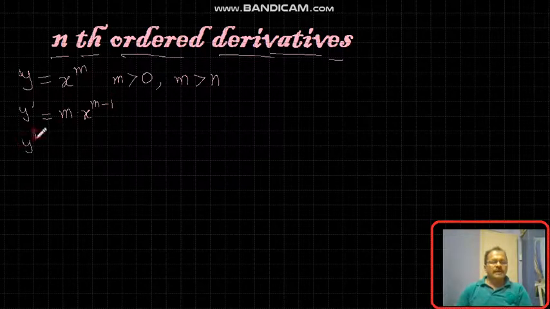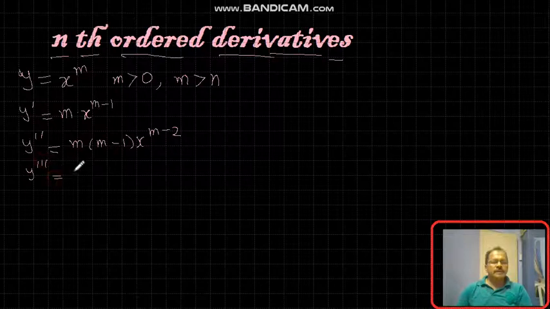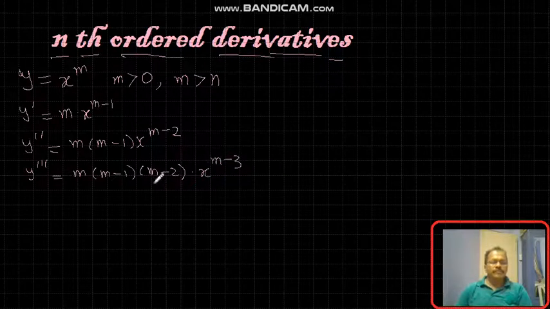The second derivative, y double dash, is m into m minus 1 into x raised to m minus 2. Y triple dash is m into m minus 1 into m minus 2 into x raised to m minus 3.